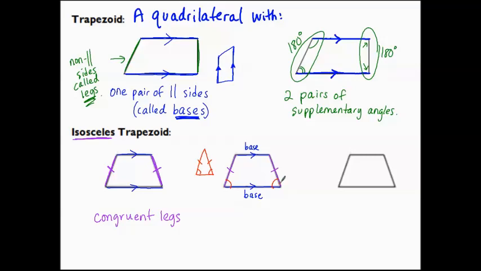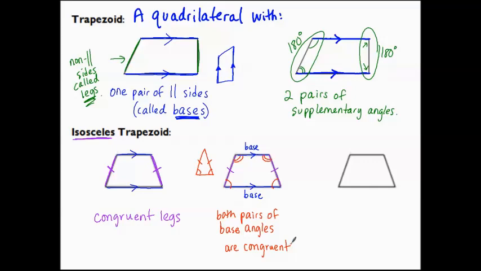But I have two bases, so these angles are also congruent. So we have both pairs of base angles are congruent. So congruent sides gives us congruent base angles.